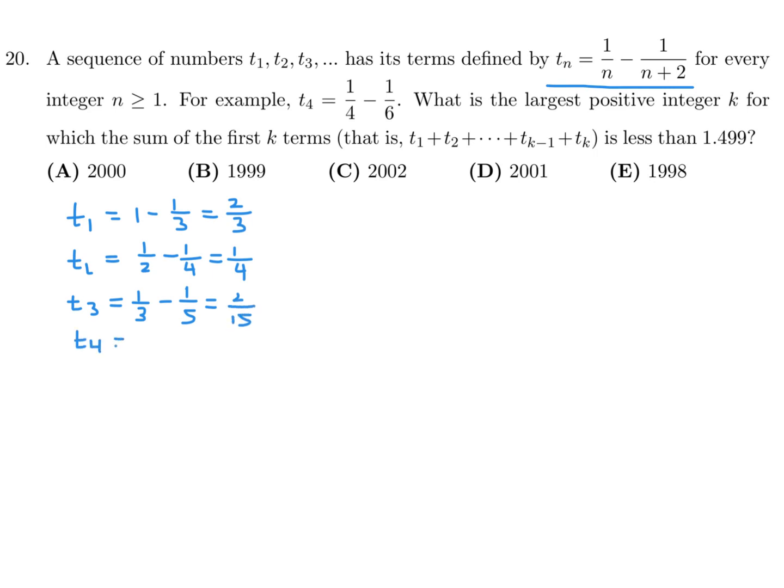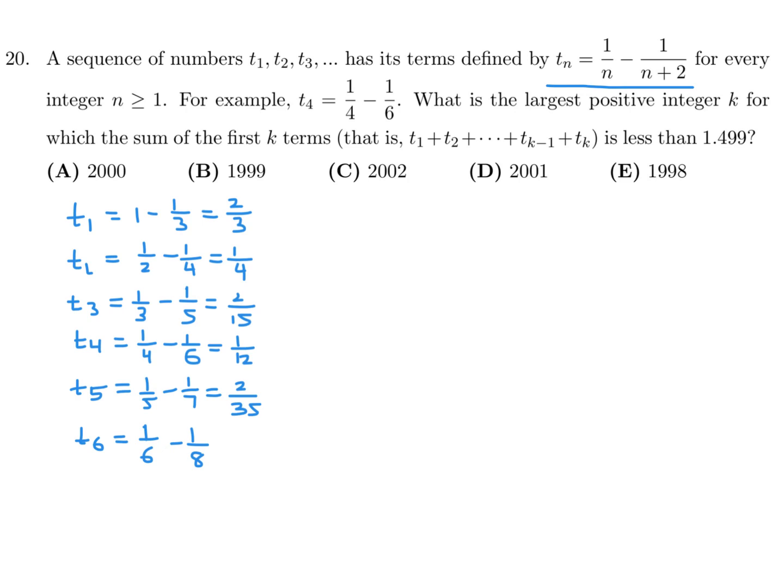T4 would be 1 over 4 minus 1 over 6, which is 1 over 12. T5 would be 1 over 5 minus 1 over 7, which is 2 over 35, and so on. You get the point. T6 would be 1 over 6 minus 1 over 8. Do we see any pattern there? Not really, or at least I can't see one.